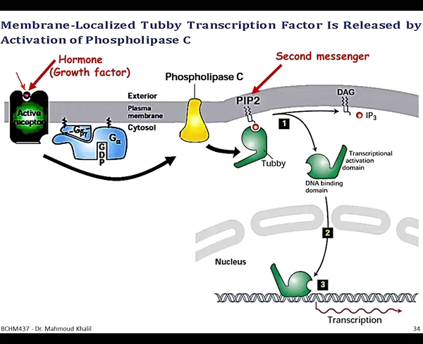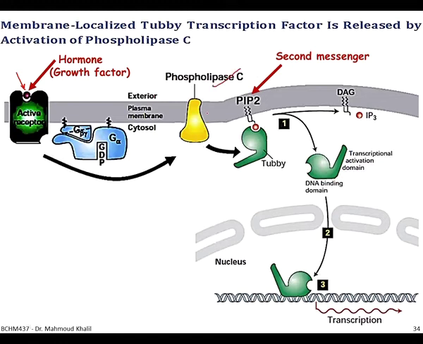Once this ligand, this hormone or growth factor, binds to the receptor, this receptor will be activated, leading to the activation of one of the famous proteins, which is called G protein. This G protein will get activated and activate another protein inside the plasma membrane, which is called phospholipase C.